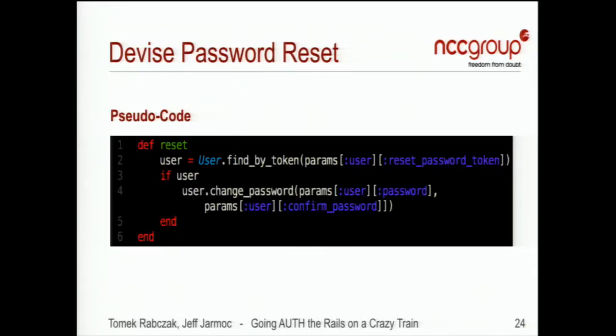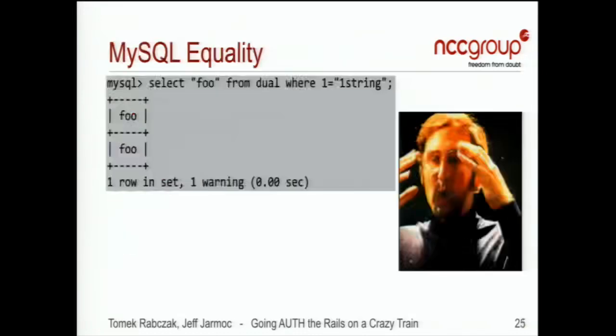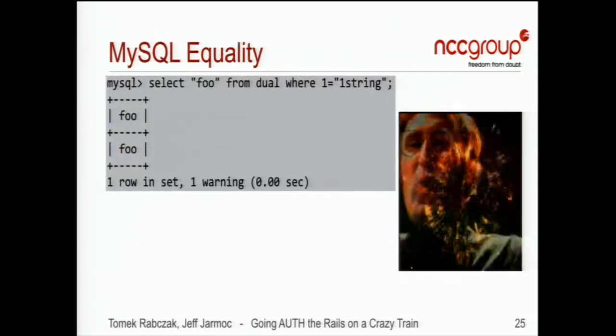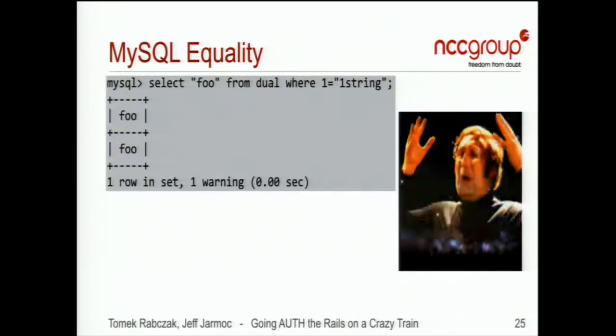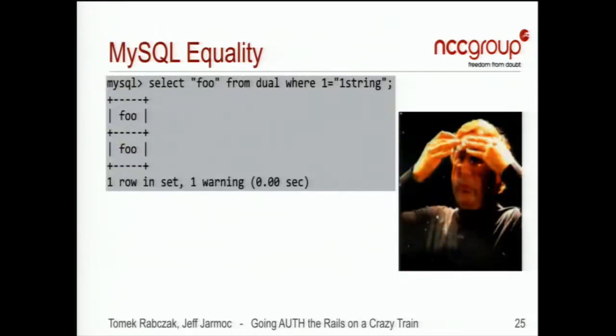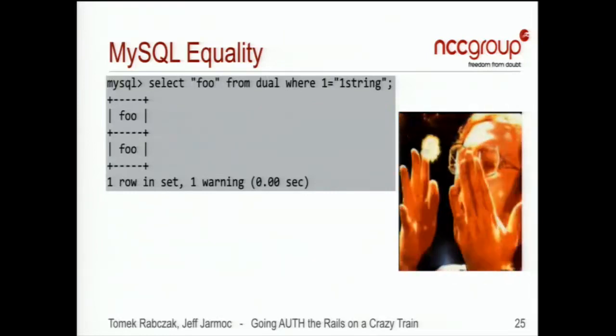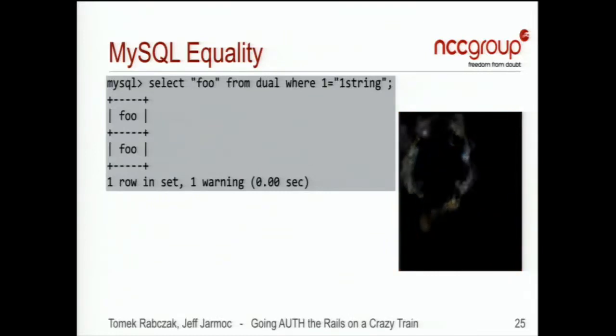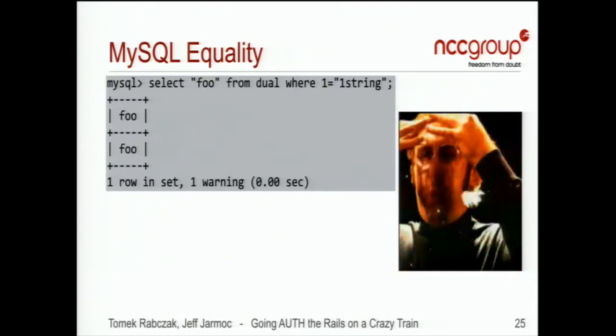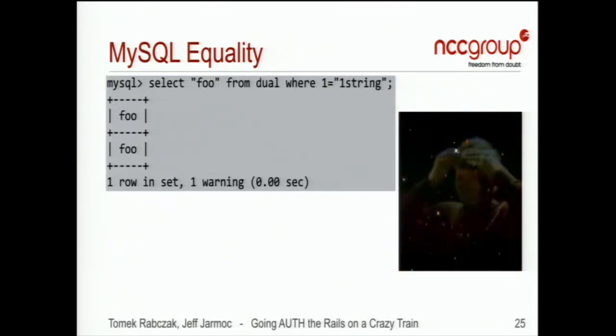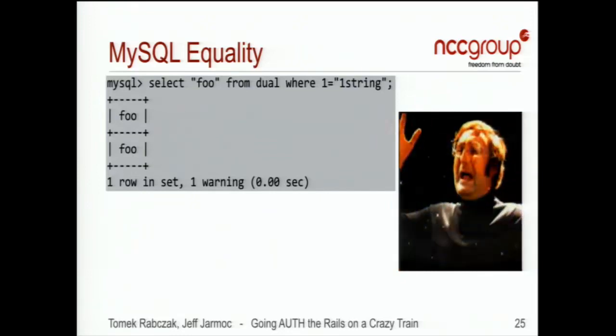But there's a catch here, and it comes from MySQL. MySQL's got some really unexpected behavior with some of its equality operators. So the first one here, we've got a simple query that returns true where 1 equals '1 string'. Notice that the first one is an integer, and the second is a string that begins with the number 1.